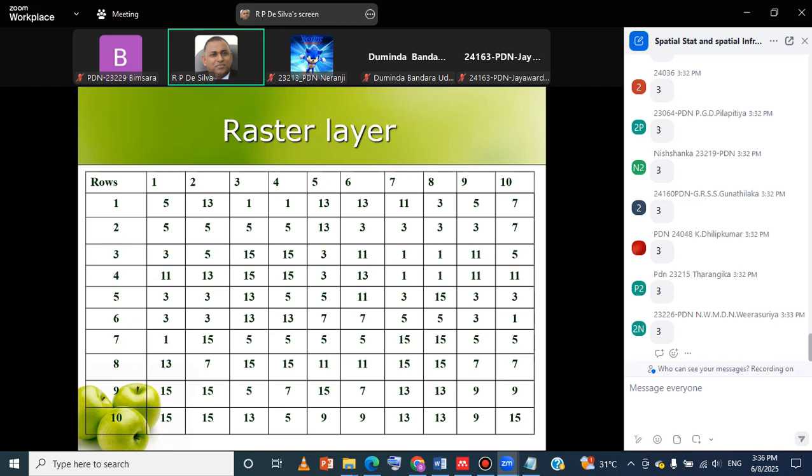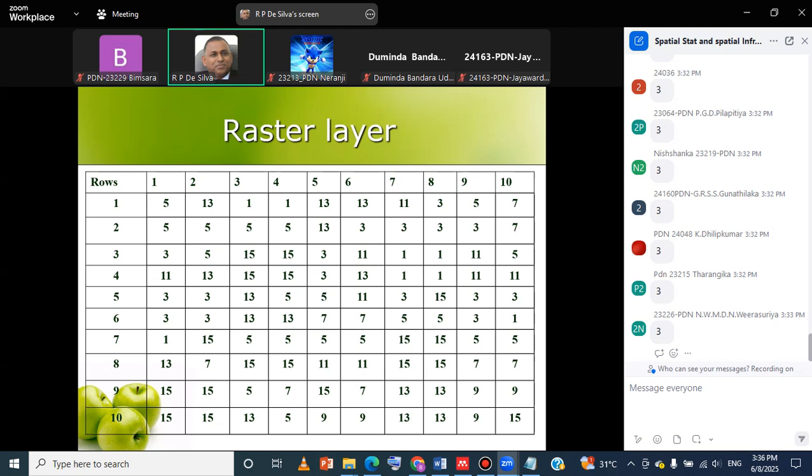Now, when you have different land use, your acquisition becomes difficult because depending on the type of land use, your cost is going to be different.